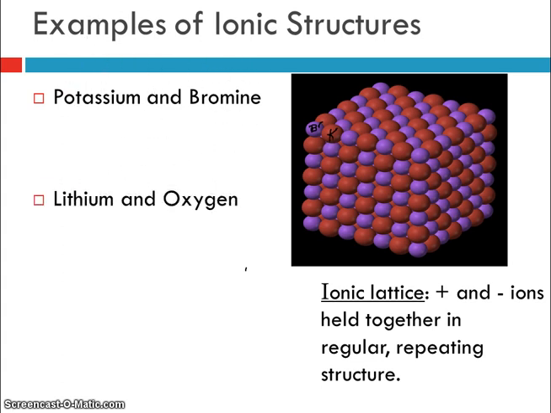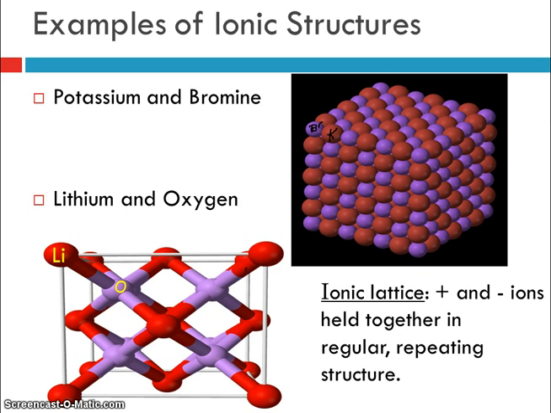To the bottom, we will have lithium and oxygen. We will go more in depth on naming and structures in future podcasts. But right now, we have lithium, which is the red sphere, and oxygen, the light purple sphere. If you count it up, for every 2 lithium, we have 1 oxygen.